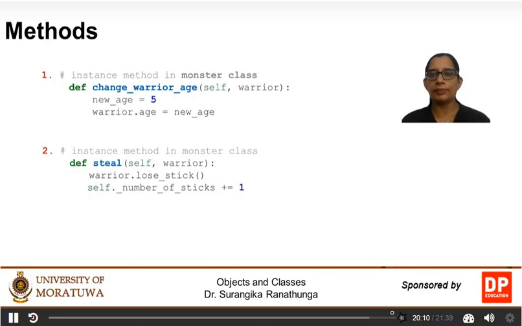In contrast, a static method does not receive the class as an implicit first argument. Static methods are used as utility functions, for example, to do some simple calculations. More details about these methods are given in the lecture notes.